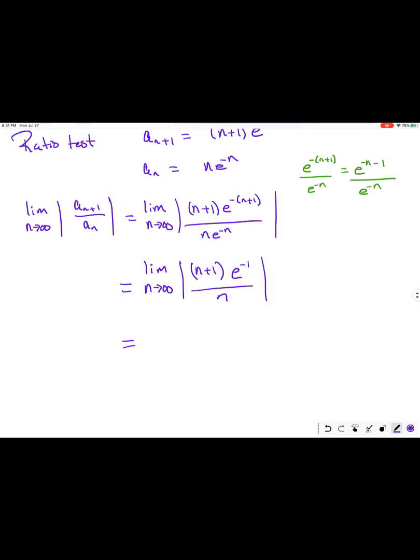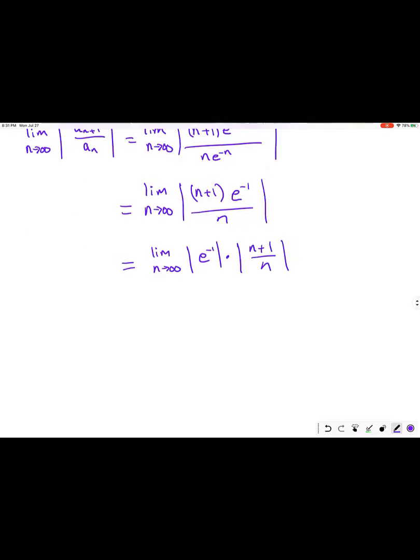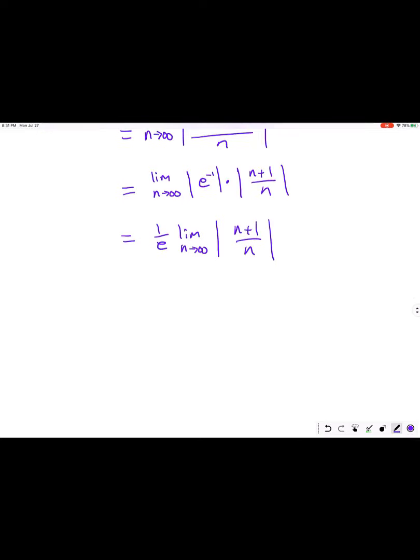all I need to do is rewrite this as the limit as n approaches infinity of the absolute value of e to the minus 1 times the absolute value of n plus 1 over n. I get e to the minus 1, take its absolute value, is always going to be positive. So that's 1 over e times the limit as n approaches infinity of the absolute value of n plus 1 over n.